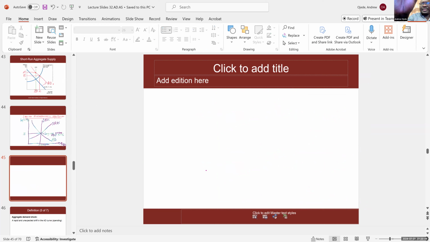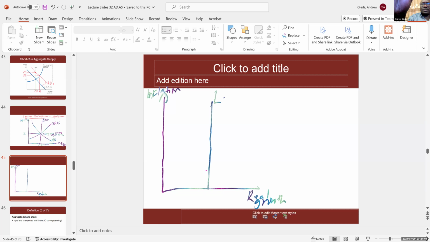So Keynes is arguing that there's a possibility you could have this case here. If we have inflation here, and you have your real growth here. This is scenario 1. So the intersection between aggregate demand and the short-run aggregate supply curve may not happen on the long run.